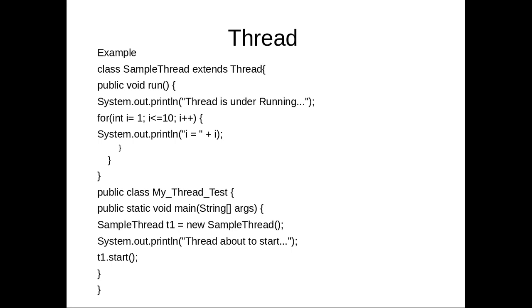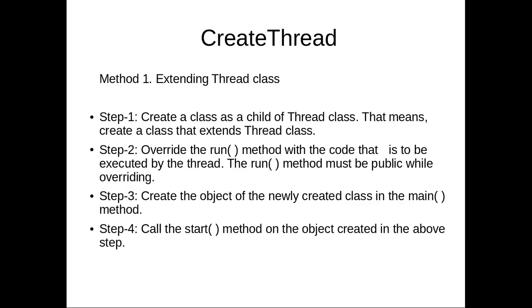That means creation of a thread by extending the Thread class. This is method number 1. Create a subclass of the Thread class. Then in that class you have to override the run method. You should have public void run. Whatever you want to be done by the thread, the code for that has to be written inside that run method.